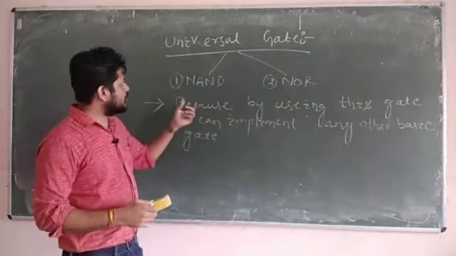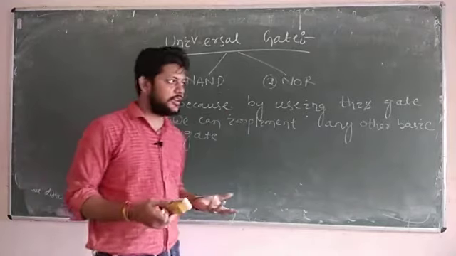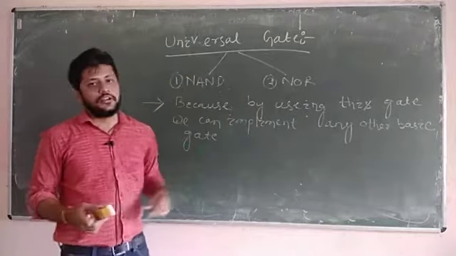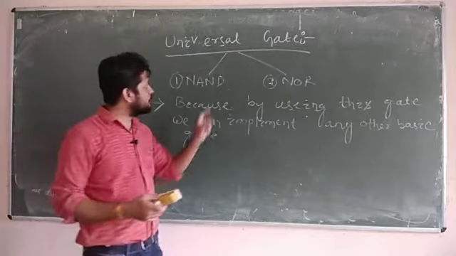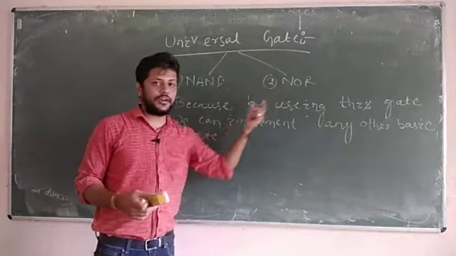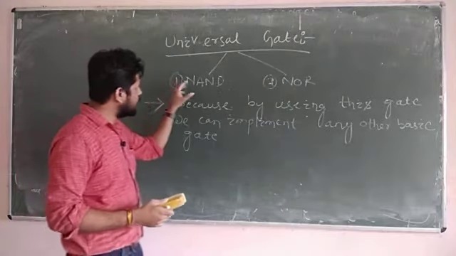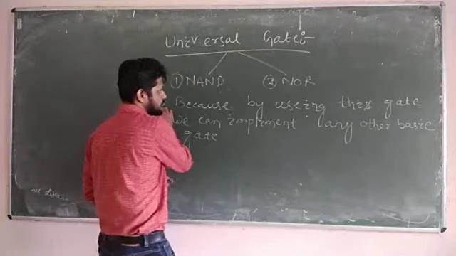Hence, this gate is known as universal gate. So we have two universal gates in our logic gates, that is NAND gate and NOR gate. First, I will explain NAND gate, then NOR gate.